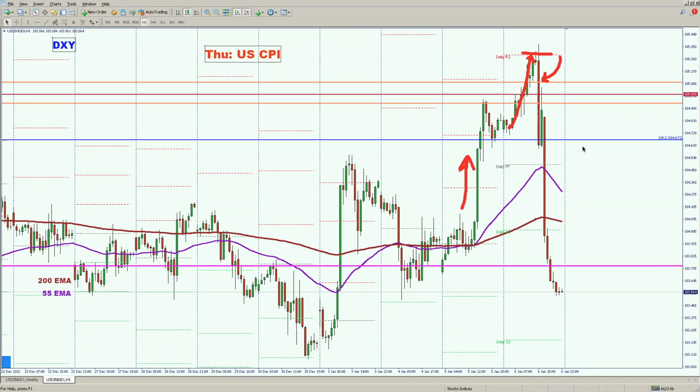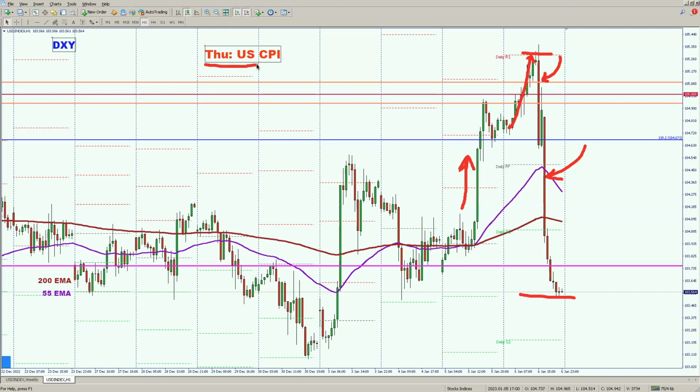After a pause, there was the major drop with the shocking figure from the ISM services, which came out below 50. So that drove the US dollar back down. That was the dynamic, the price action of last night.